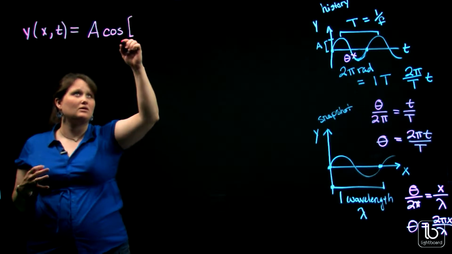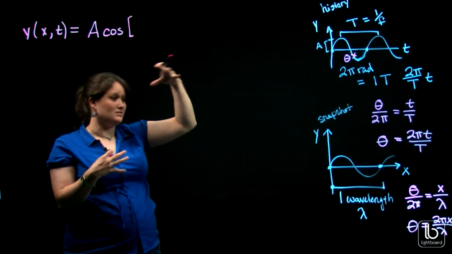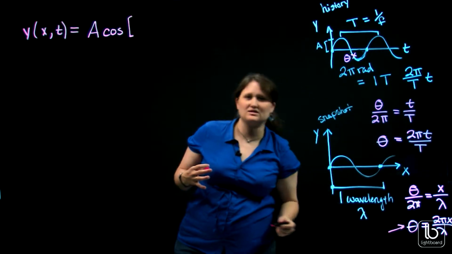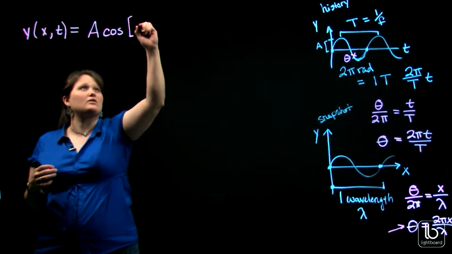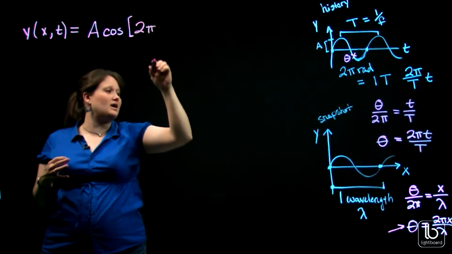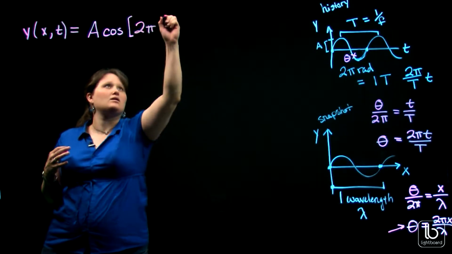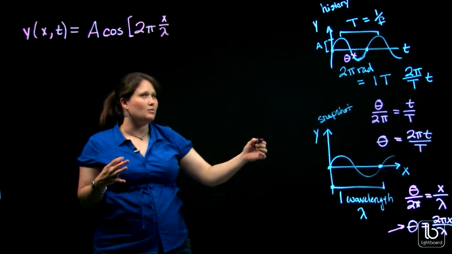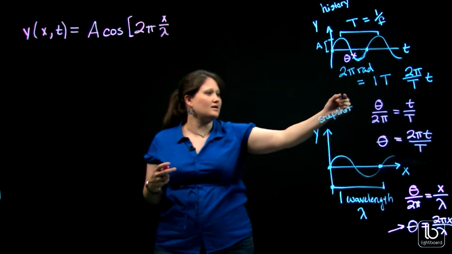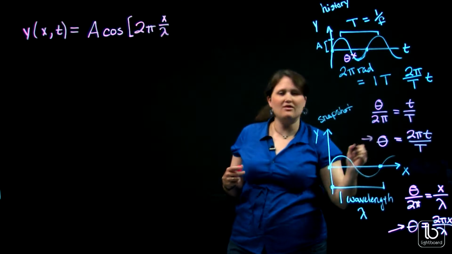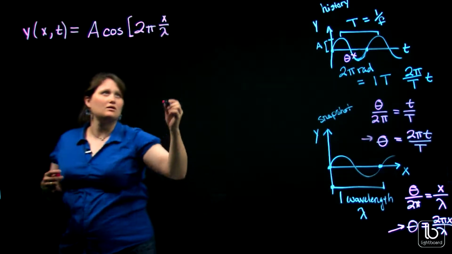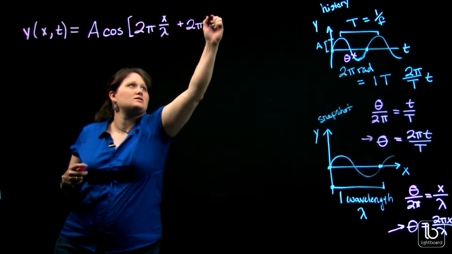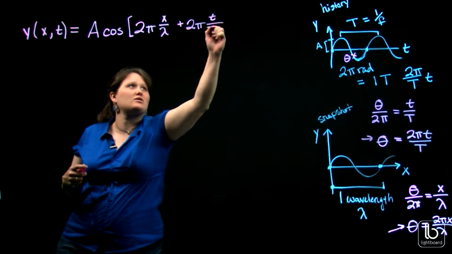So if we want the position part of our cosine argument, that's this part right here, we're looking at 2 pi x over lambda. And then we can also look at the time part. So plus 2 pi t over period.